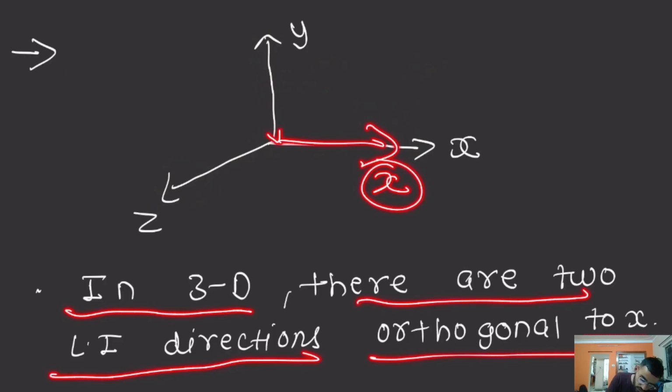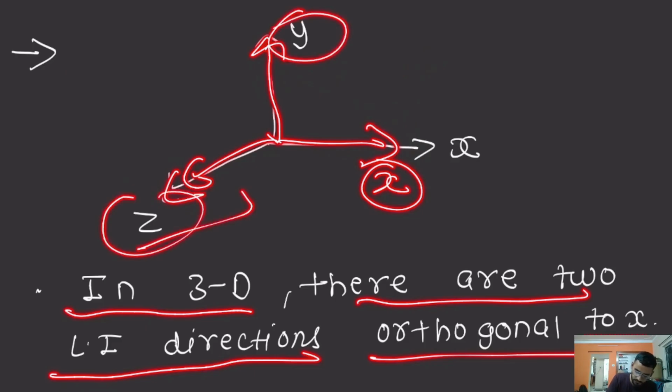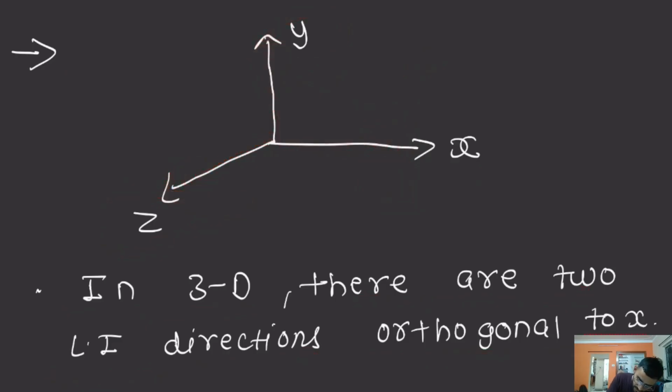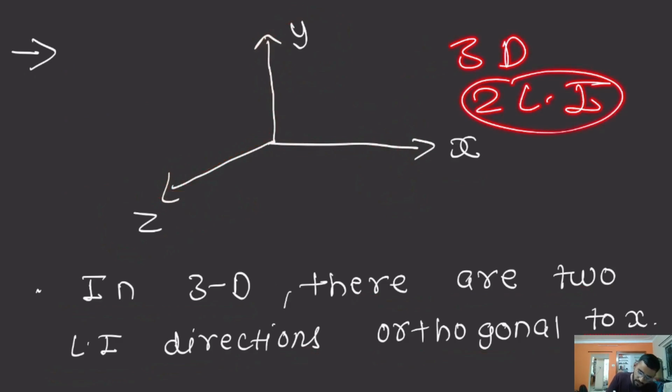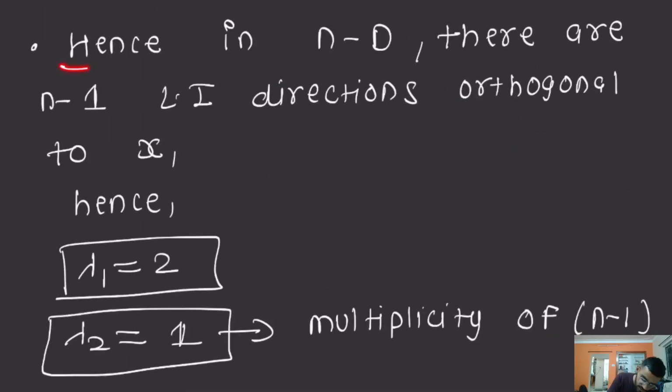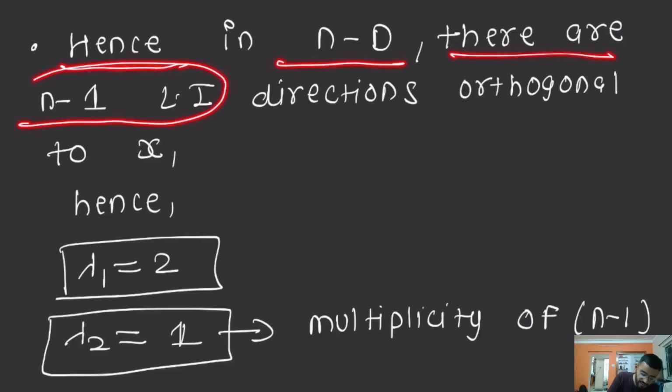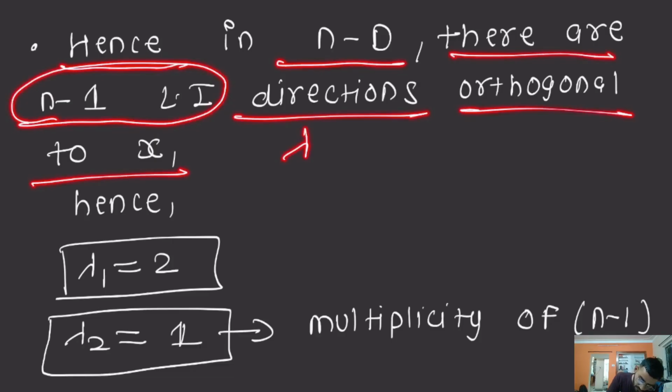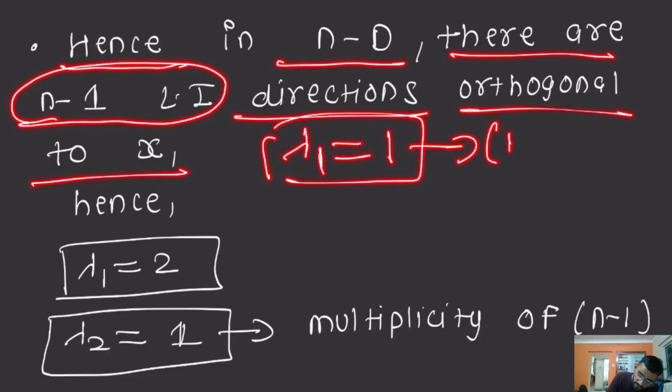Then there are two linearly independent directions, y and z, which are perpendicular to the given vector. So in 3 dimensions there are two linearly independent directions orthogonal to x. Hence in n dimensions, there are n minus 1 linearly independent directions orthogonal to x, which means the eigenvalue lambda equal to 1 has a multiplicity of n minus 1.